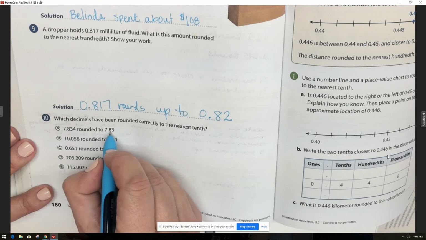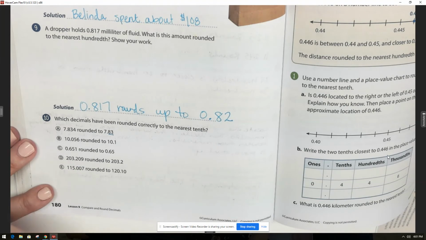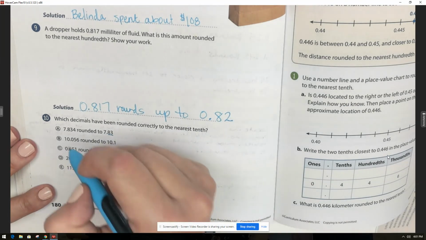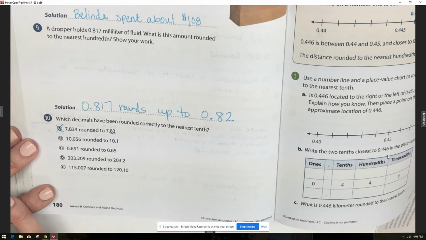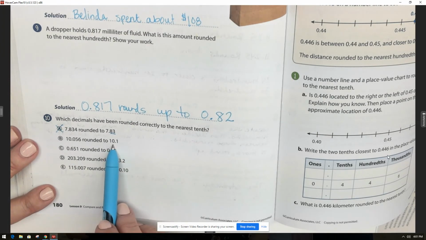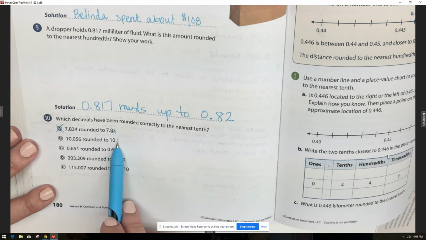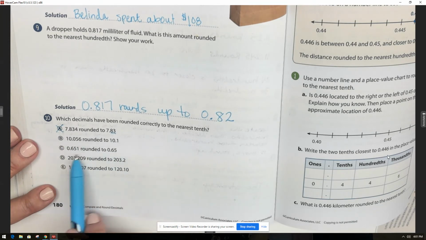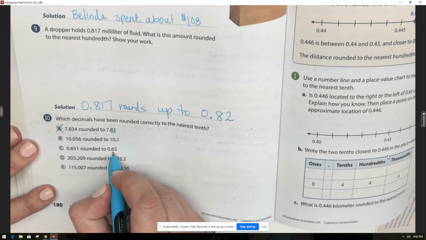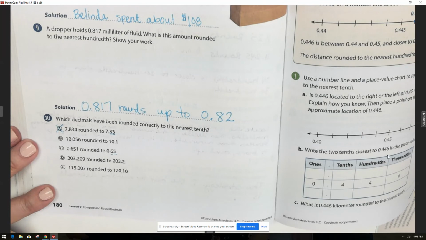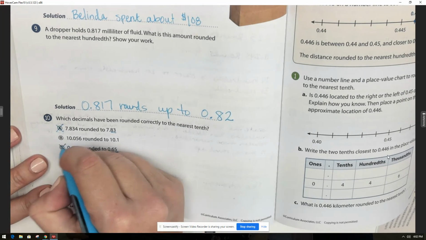Well, we have a tenth, but we also have a hundredth. So I know right away that that one doesn't work because we didn't round to the nearest tenth. We rounded to the nearest hundredth. Now let's look here. Did we round to the nearest tenth? Well, there is a tenth there, so we'll come back to that because that could be it. If we round this number to the nearest tenth, does this show a tenth? No, it doesn't. So we're going to go ahead and cross it out.